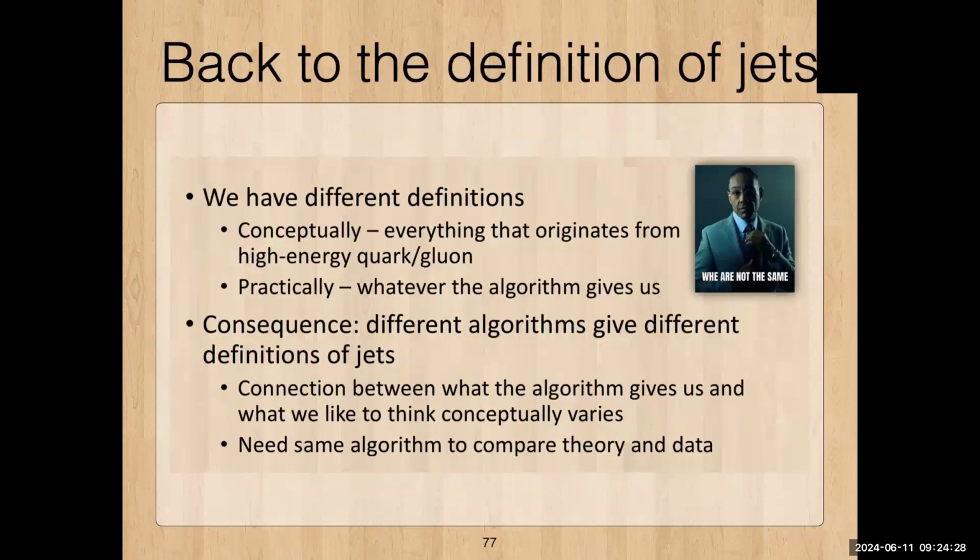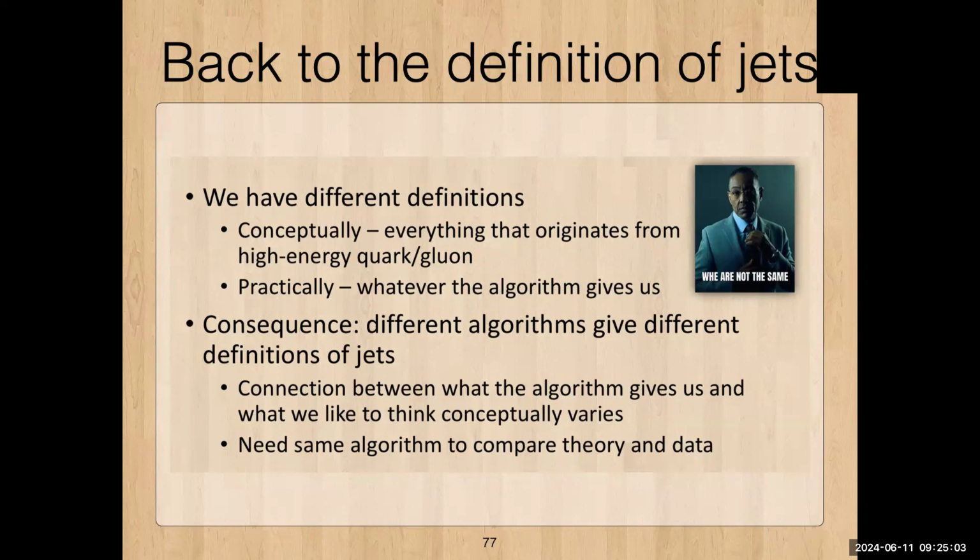Okay, so back to the definition of jets. Because we have a clustering algorithm, the definition of jets becomes dependent on the clustering algorithm. Conceptually, what we tend to want to think is that a jet is everything that originates from a high energy quark, which is what we want to think about when using leading order. But practically, it's whatever the algorithm gives us, and these are typically not exactly the same thing.